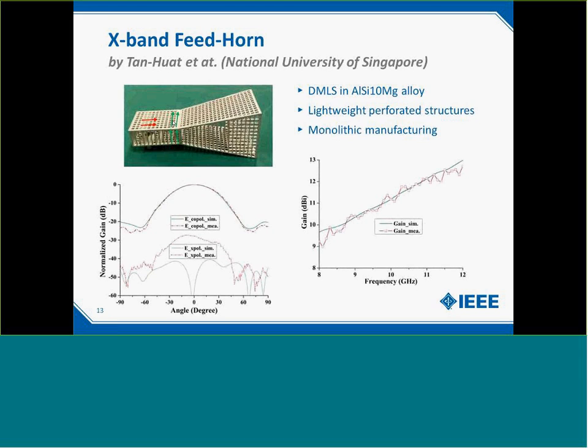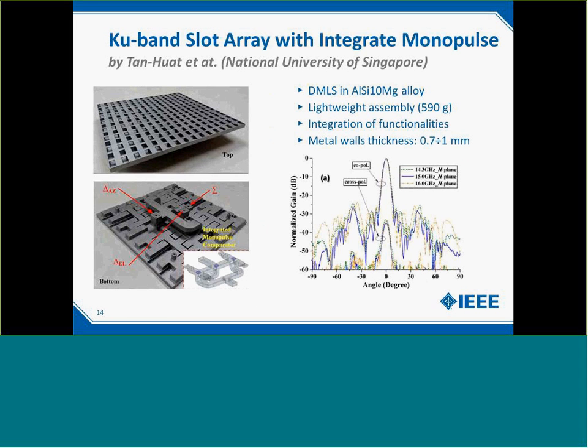So in this case, the perforation has to be done by using square grids. Also in this case, the researchers ended up with very good results in terms of radiation pattern, gain, and polarization.